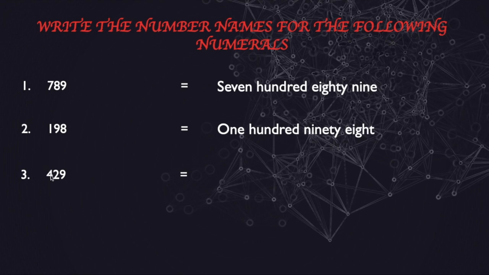So the answer will be 429. So here they have given you the numerals and we have written the number names for those. We have written 789, 198, 429. So till now we have seen writing numerals and writing number names.